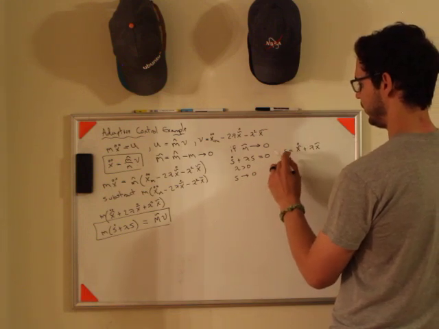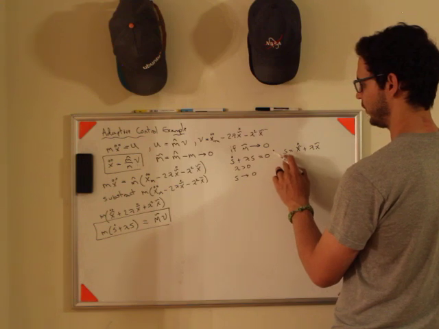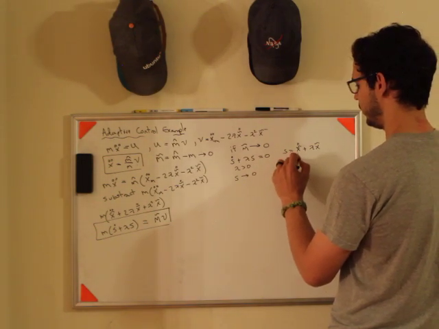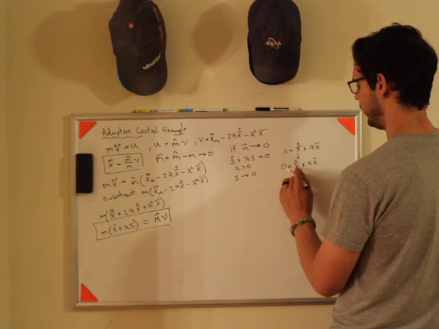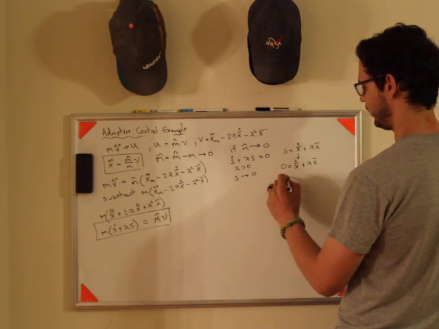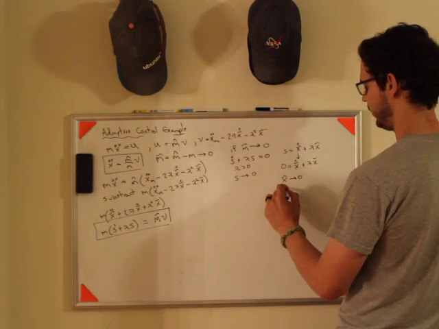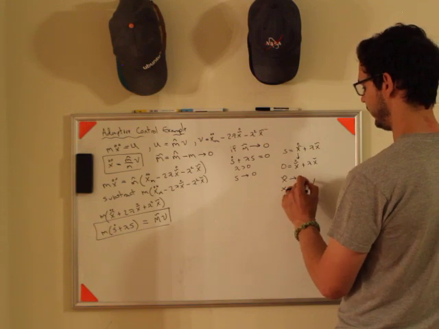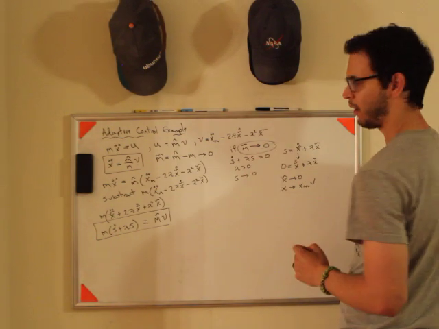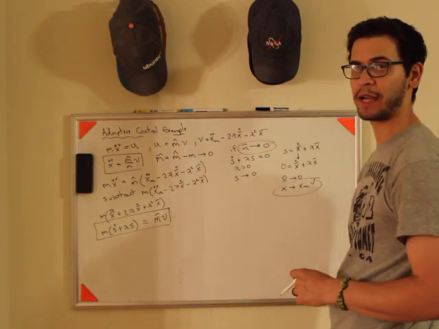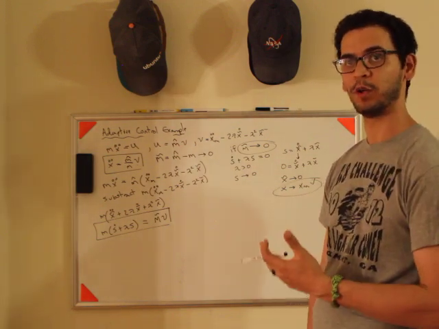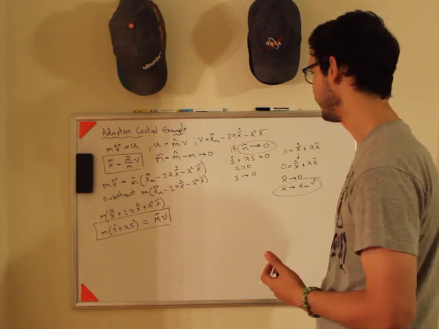So this is going to go to x tilde dot plus lambda x tilde equals 0, which means, again, as long as lambda is greater than 0, x tilde is going to go to 0, which means that x is going to go to x model. Which means if I can get m tilde to go to 0, I can guarantee that I have good tracking performance, which is insane that that all works out mathematically, okay?